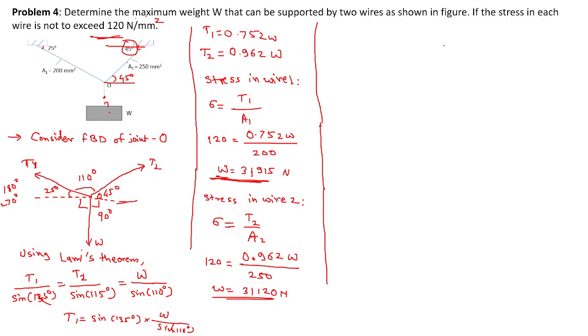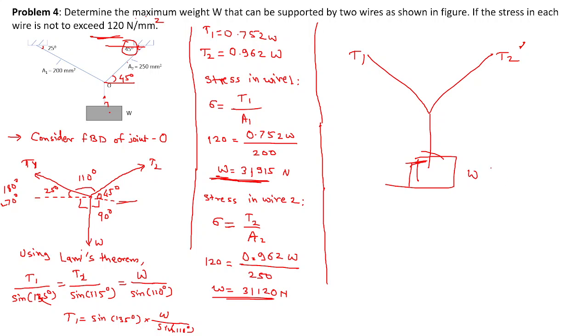Okay, so simply take an example. Here I'm redrawing it. Here will be T2, here will be T1, and here will be W, right?